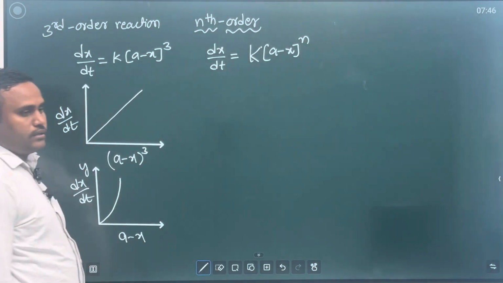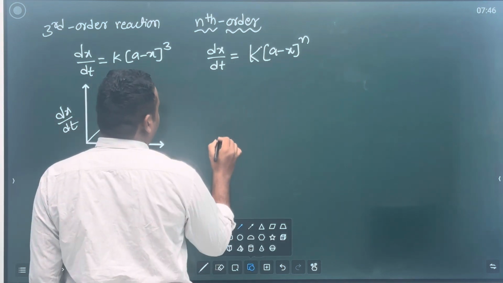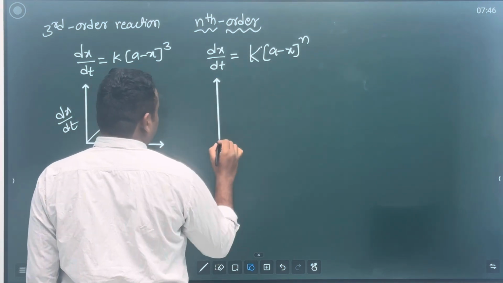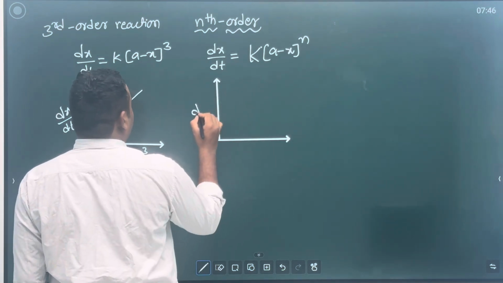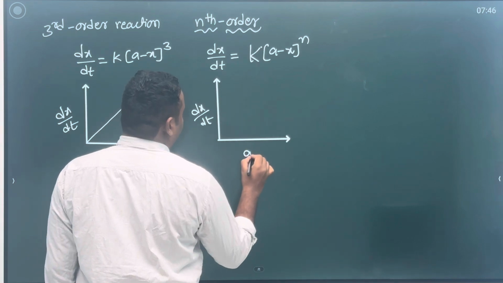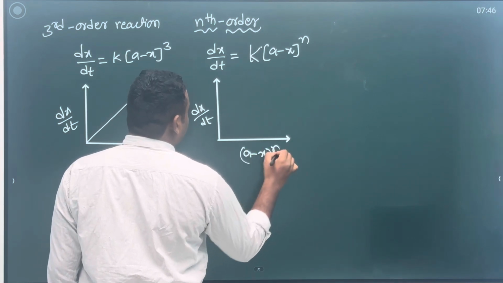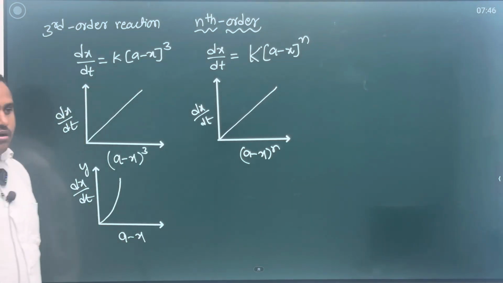This is known as an nth order reaction. So in this nth order reaction, how will we get the graph? Generally we draw a graph between the rate of reaction dx by dt versus (a minus x) whole power n. So directly we will get a straight line through the origin.